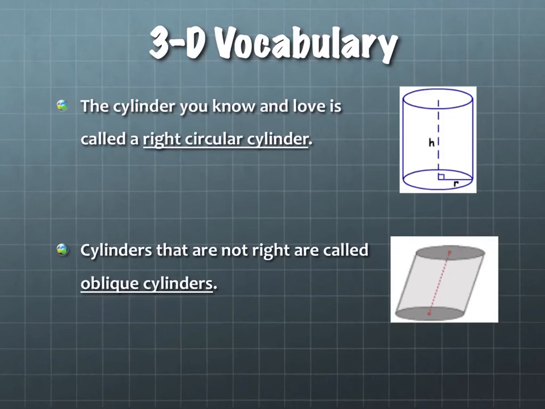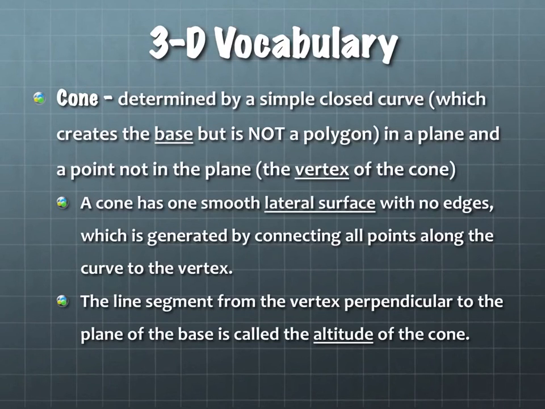The other one that we have here at the end is a cone. A cone is determined by a simple closed curve, which creates the base, but it's not a polygon. It's in a plane, and then you take a point not in the plane, we call it the vertex of the cone, and you connect them.